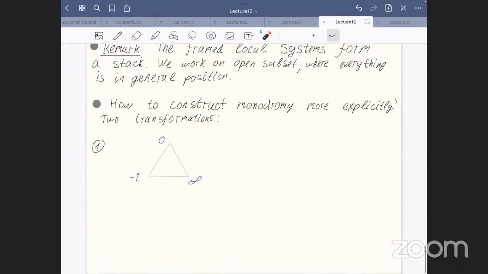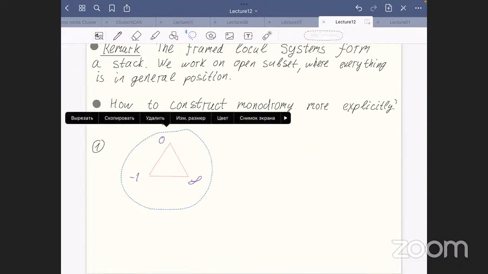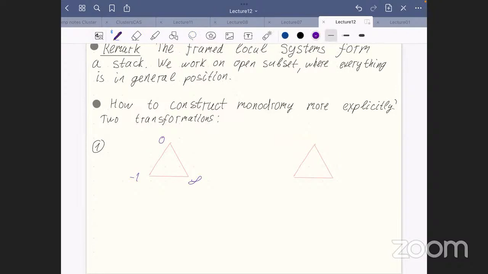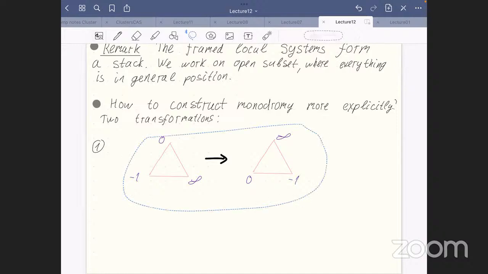So one of the important transformations is rotation. So we have transformation like this.